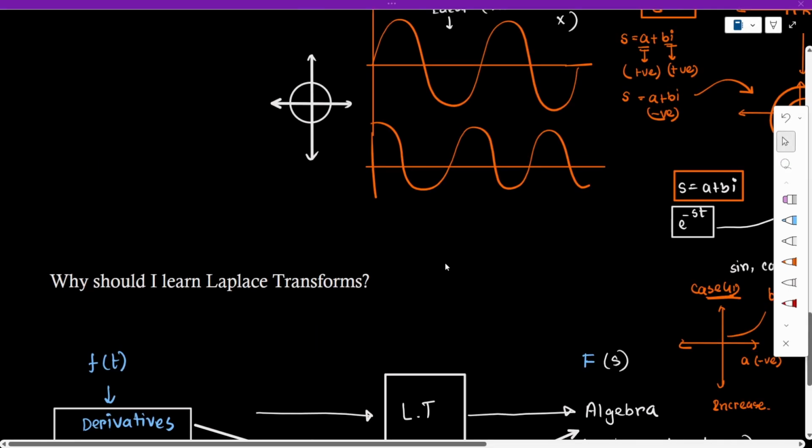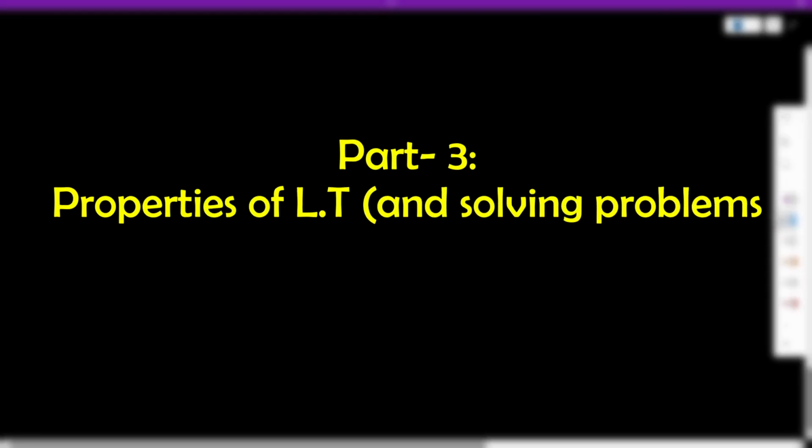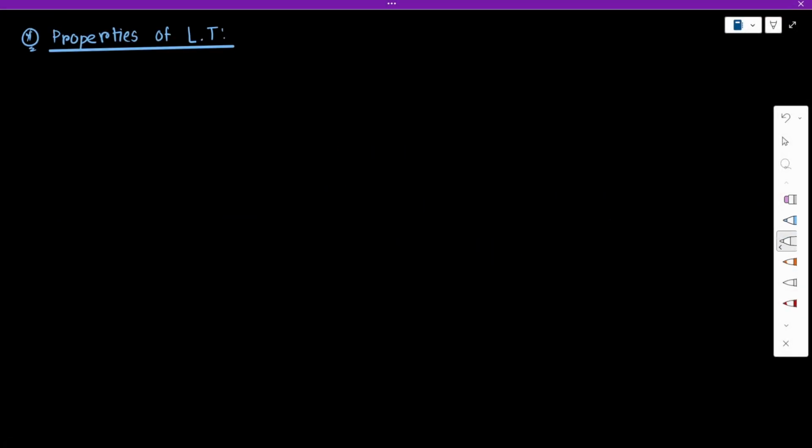Okay, so this is a brief introduction. Now we're going to delve into some properties of Laplace transforms. All right, before delving into the properties of the Laplace transform, let us find the Laplace transforms of some common functions. For example, let's say we have a function which is 1, a constant, any constant, and we wish to find the Laplace transform of this function.